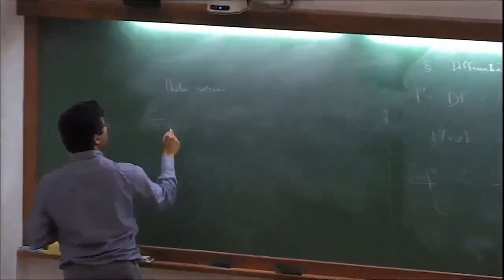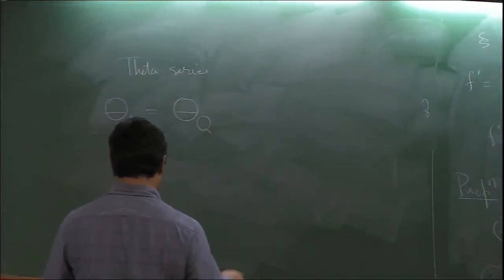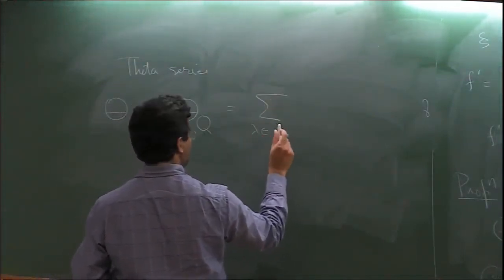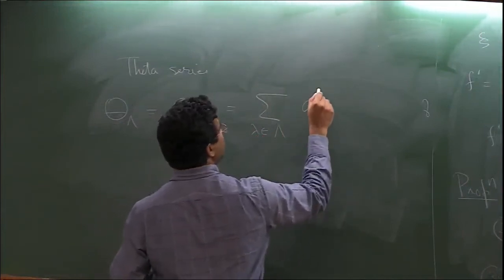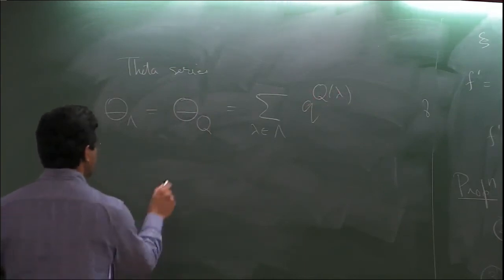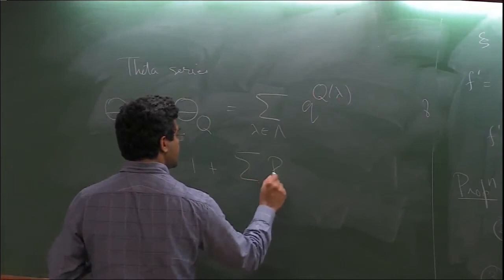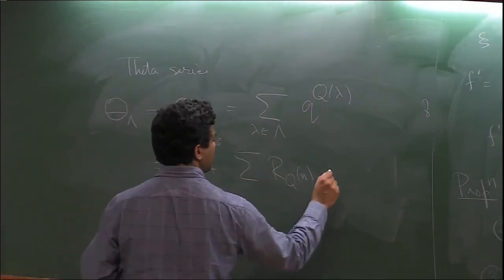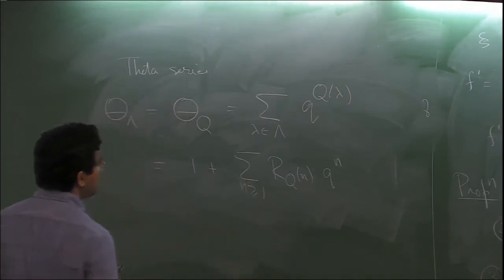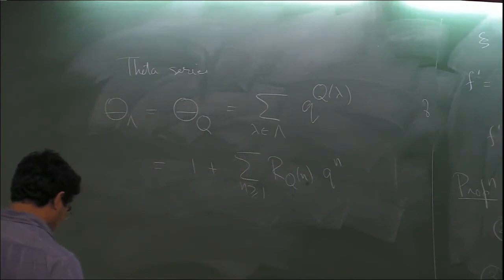I can denote it like this, or with the quadratic form attached to it: the sum over all lambda in lambda of q to the q(lambda). That's the Fourier expansion of this. It can be written as 1 plus the summation of r_q(n) q^n, where r_q(n) is the number of ways in which n can be written as a value of q.